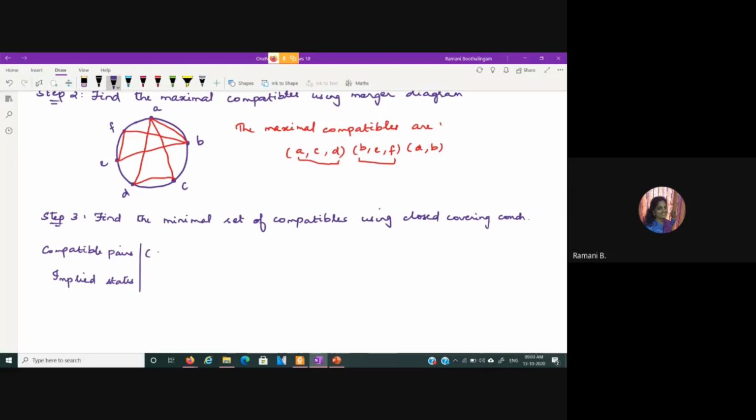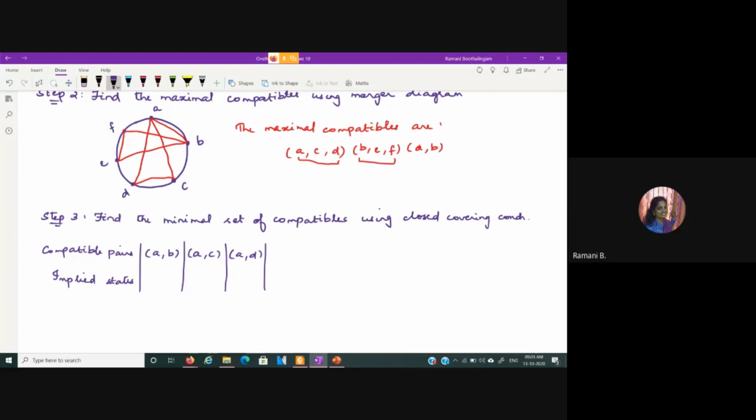So the compatible pairs were A comma B, A comma C, A comma D. That is the one we obtained from the implication table.